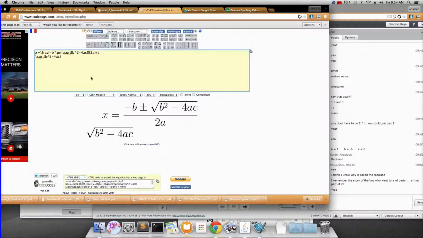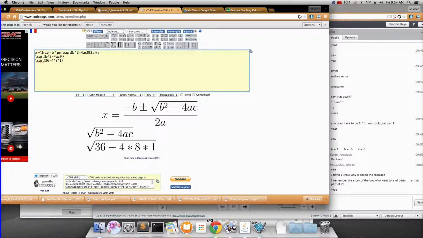All I got to do is figure out, well, B was negative 6, so that would be the square root of 36 minus 4 times 8 times 1.